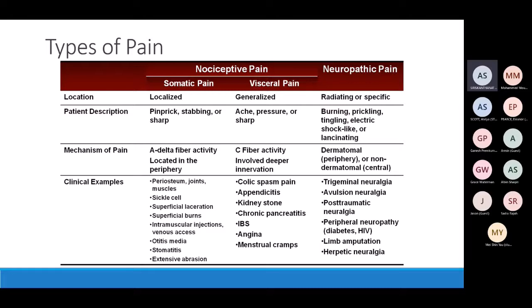It's just more in the general area, which is why it's generalized pain. That's more like your aches and feeling more pressure. And then neuropathic pain is usually due to damage to the peripheral neurons. You get a burning sensation, and it sometimes radiates and feels like little electric shocks. This is more in a dermatomal pattern.